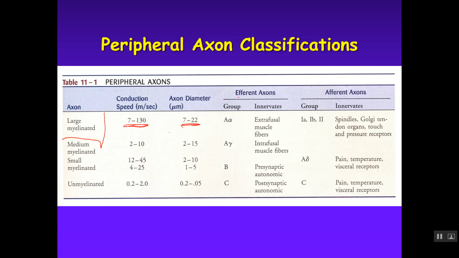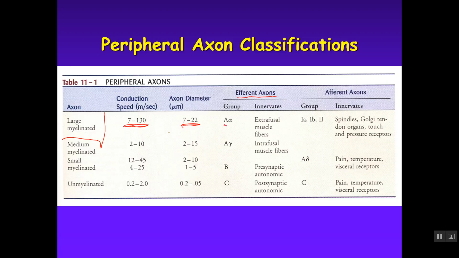Then these are efferent axons, so those are motor axons or autonomic axons that are going out to create an effect, or go to a gland, a tissue, an organ, a muscle. Efferent axons.